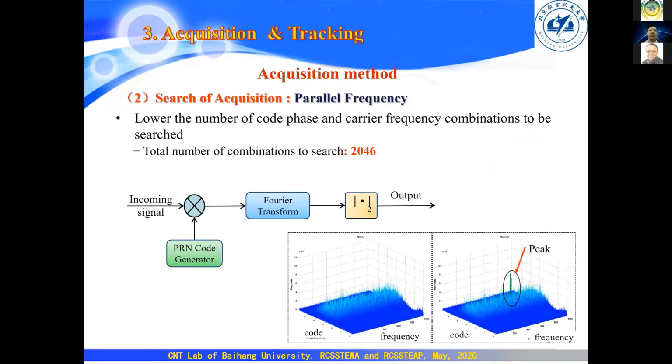For example, we can use the discrete Fourier transform to search a series of frequencies at the same time, commonly needing 2064 possibilities for each search.